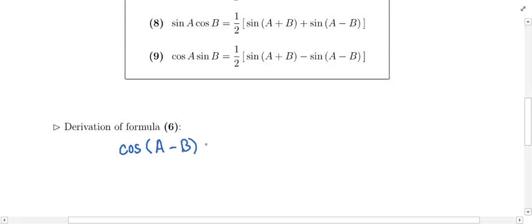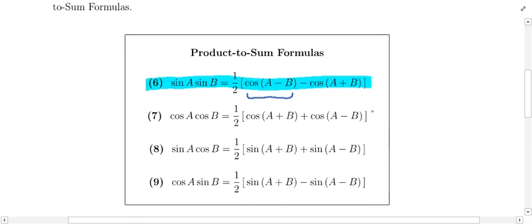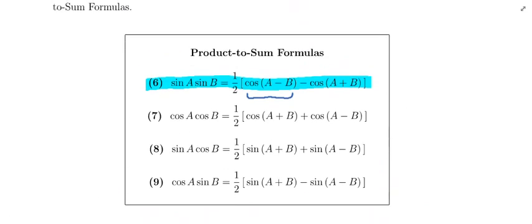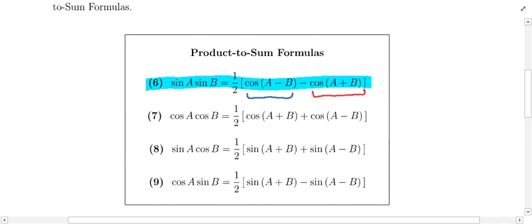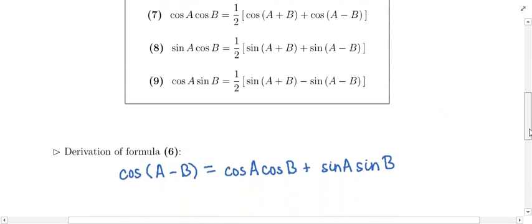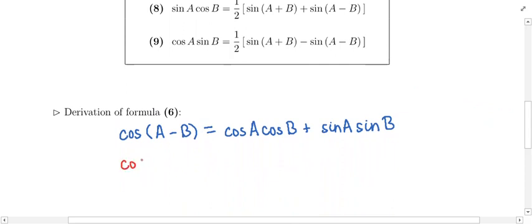So I'm going to write down what I know: the cosine of A minus B is the cosine of A times the cosine of B plus the sine of A times the sine of B. Then if I go back up and look at what I'm trying to prove, it also mentions the cosine of A plus B, which is the sum formula for cosine.